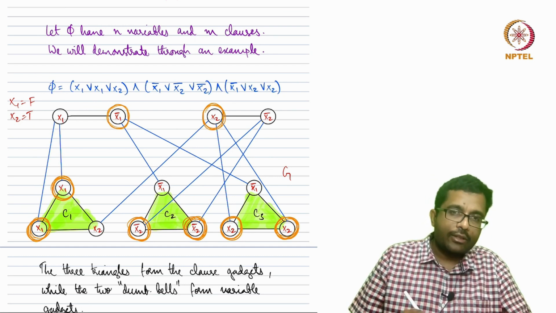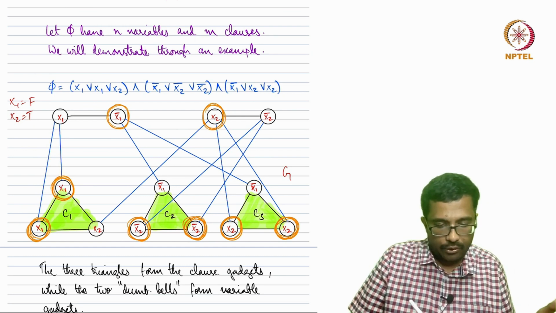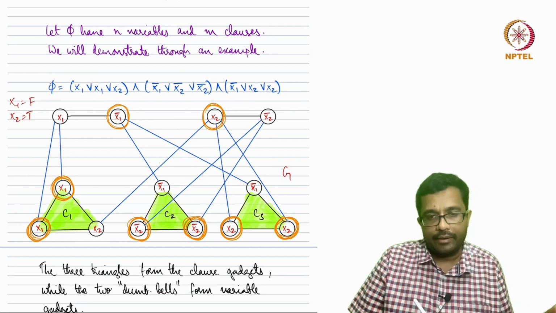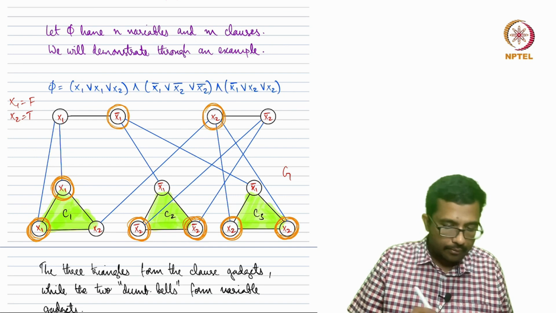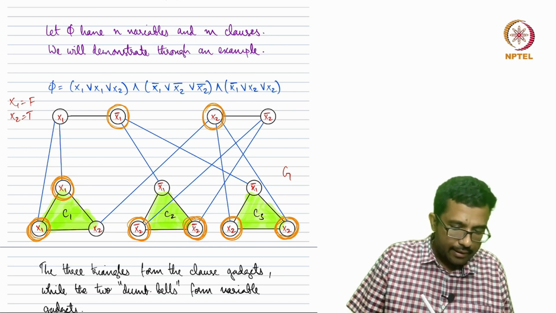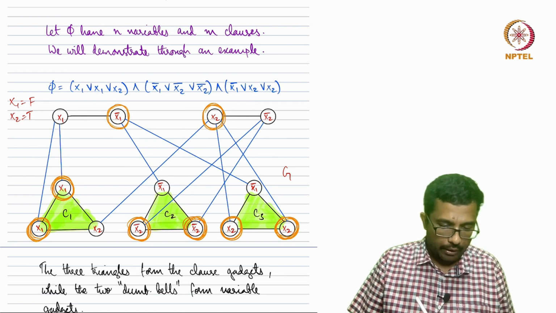So from each clause we pick two vertices that may not be set to true, so excluding one that is set to true, right? And this forms a 2m plus n size vertex cover, which we argued.